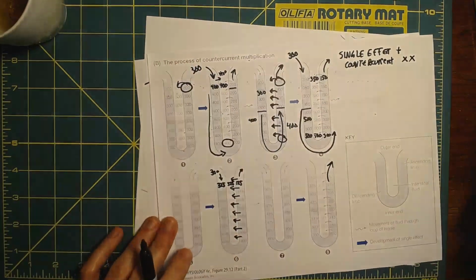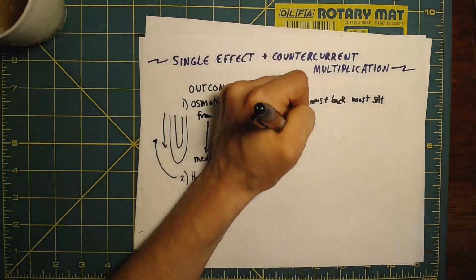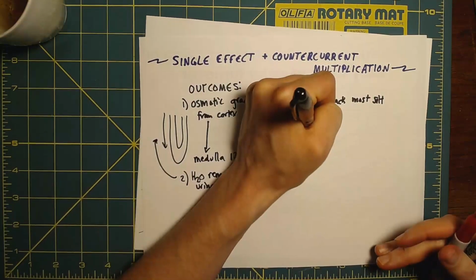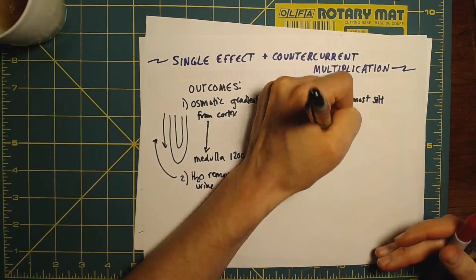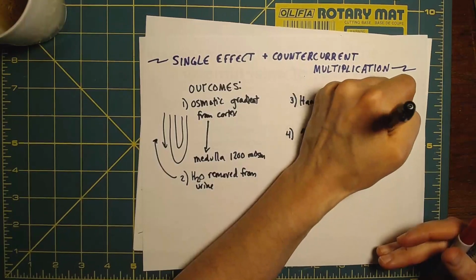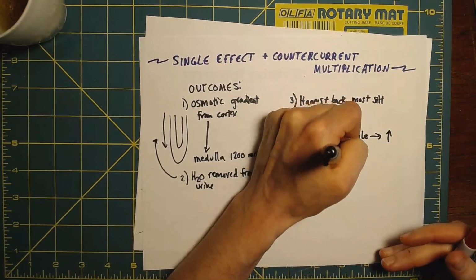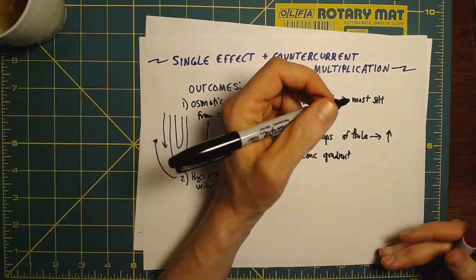And then the last thing I want to emphasize here is that the longer the loops of Henle in an animal, the bigger the gradient that can be established.